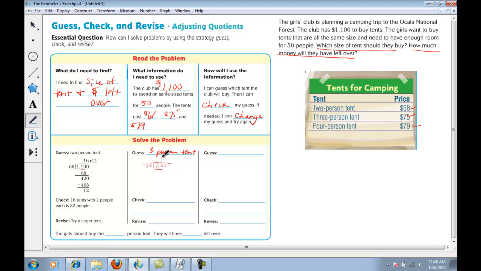I'm only going to be able to put 1 in each group, and that's going to leave me using up 75 in the groups, and then I need to subtract. I'm going to have to regroup here and make that a 10, and then I'm going to take away 1 of those 10s. So when I subtract 110 minus 75, that's going to give me 35. I have 35 tens left over that won't fit into the groups. So now I'm going to break them up, and that's going to leave me with 351 ones.